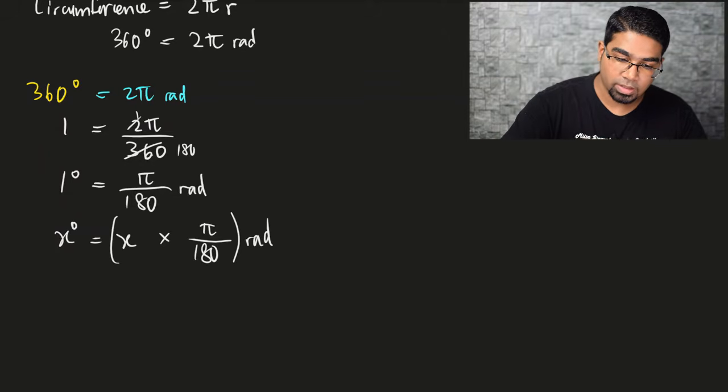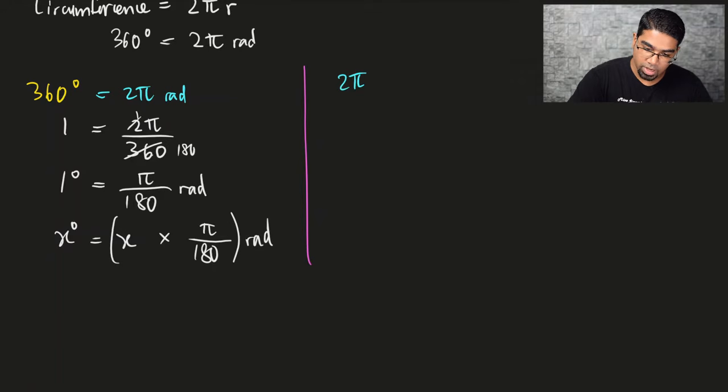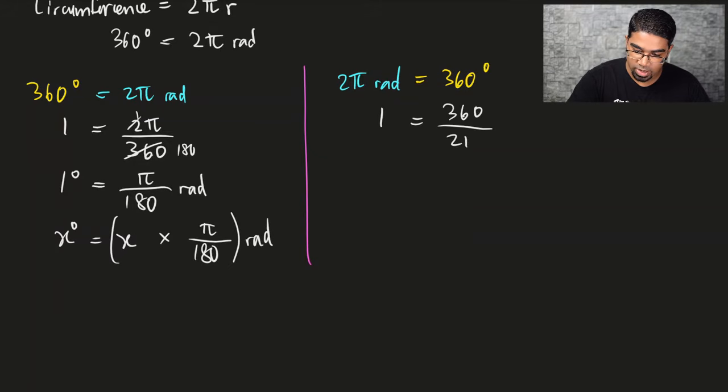So now let's look at going from radians to degrees instead. Let's start with radians. 2 pi radians will be equal to 360 degrees. Now if we divide both sides by 2 pi, then we get 1 equals 360 divided by 2 pi. Now you can notice the similarity here. This is just a reciprocal. So when we simplify it, we get 180 over pi. 1 radian is equal to 180 over pi degrees.